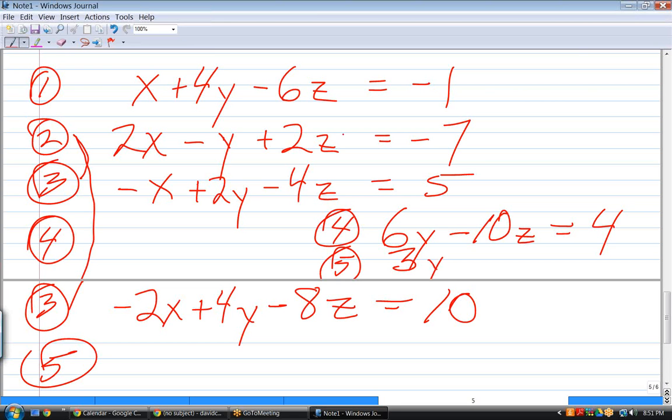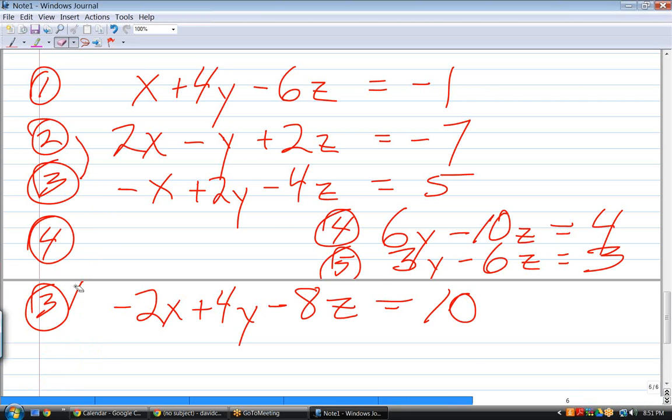And then minus 6z. You got it? I thought it was a 2. And then equals 3. All right. So now we've taken our 3 equations and 3 unknowns and turned it into 2 equations and 2 unknowns.